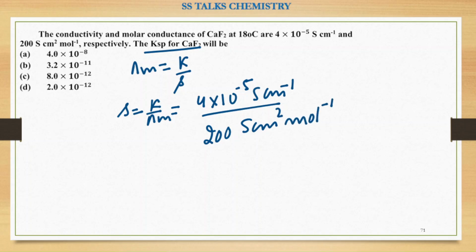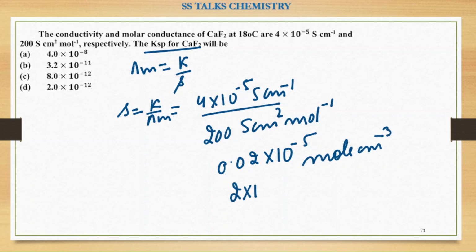So we will be getting the value as 0.02 into 10 raised to the power of minus 5, in mole per centimeter cube, or we can write it as 2 into 10 raised to the power of minus 7 mole per centimeter cube.